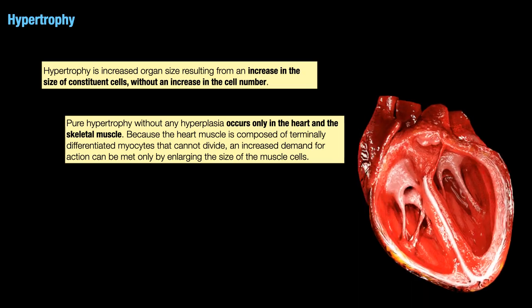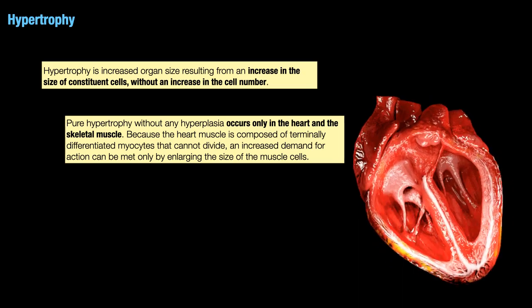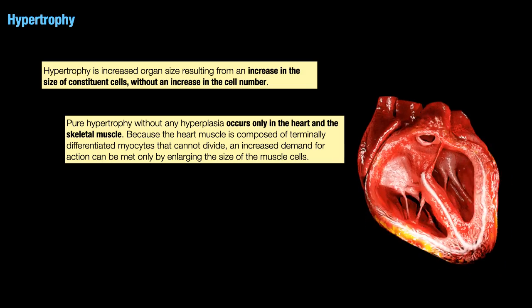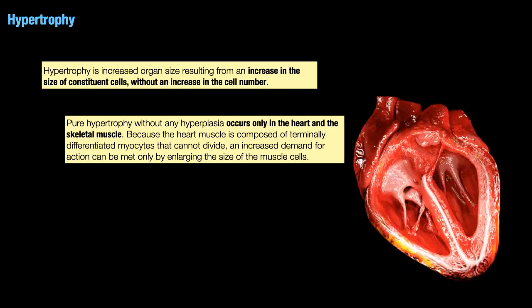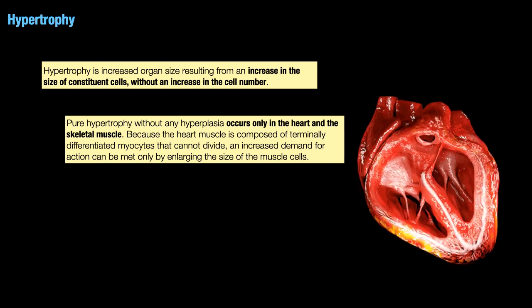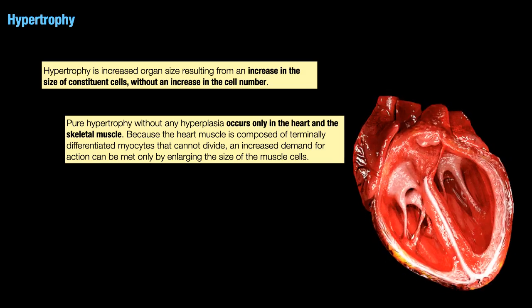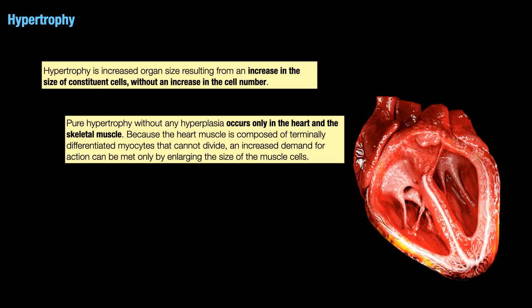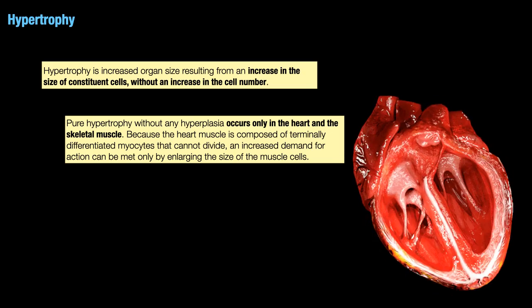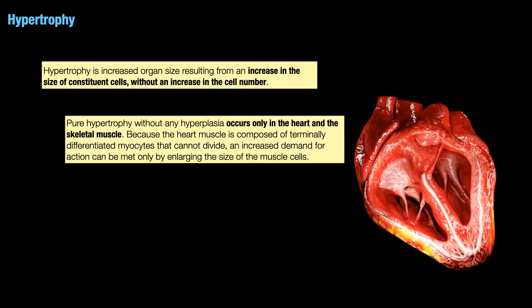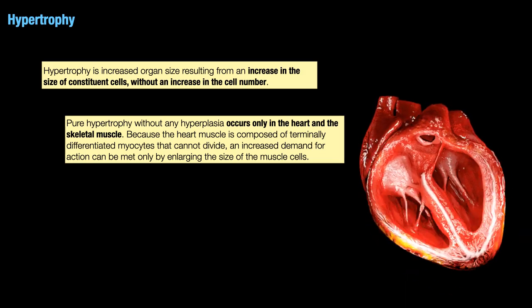Okay, the opposite is hypertrophy. So the organ increases in size due to its cells increasing in size while the number remains the same. This may occur only in the heart or skeletal muscle, whose cells, as you know from last year, can't divide.